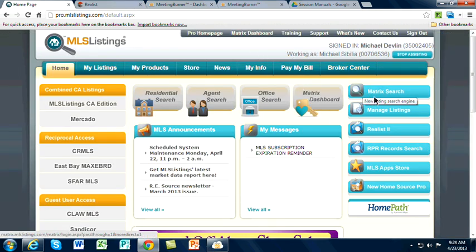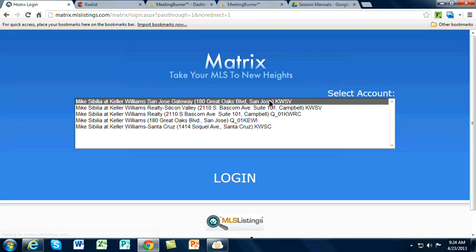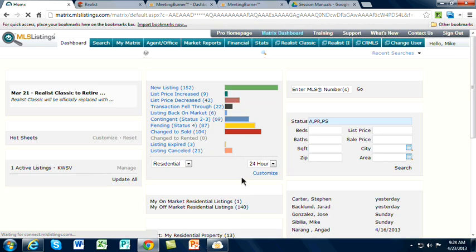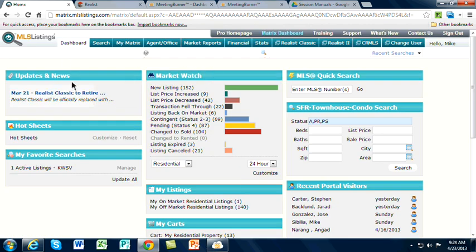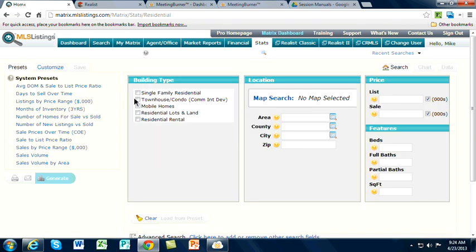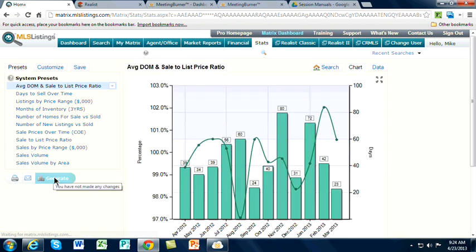All right. So what I've done is, I leave that tab open, and what we now do is we go back to Matrix, and this is Matrix Search. By the way, if I were doing a CMA on this, one of the first things I would do is go to the stats, residential, and if this is a single-family home, there's a bunch of these that we could run. 95120, and let's say we're going to just start with average days on market to sale to list price ratio.